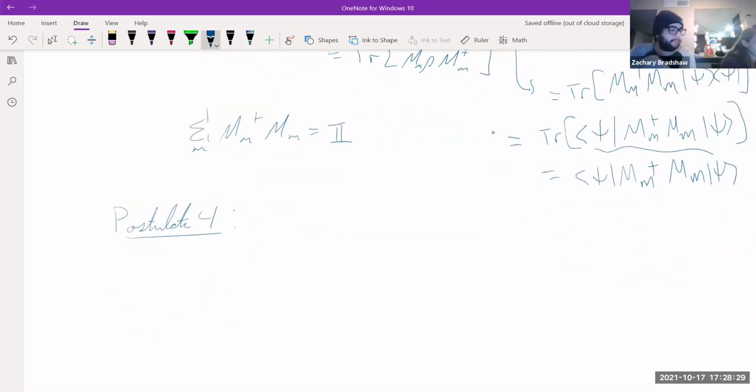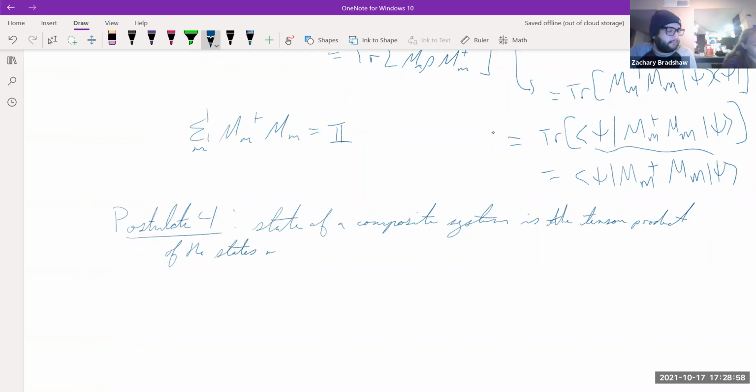Okay. With that, postulate 4 says the state of a composite system is the tensor product of the states on all of the component systems.